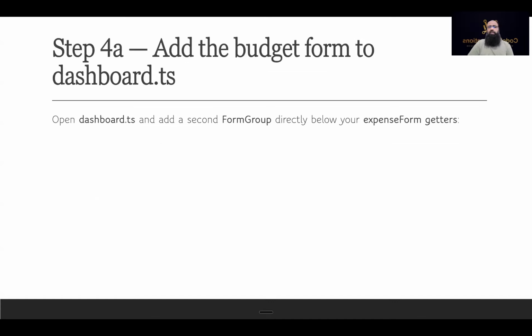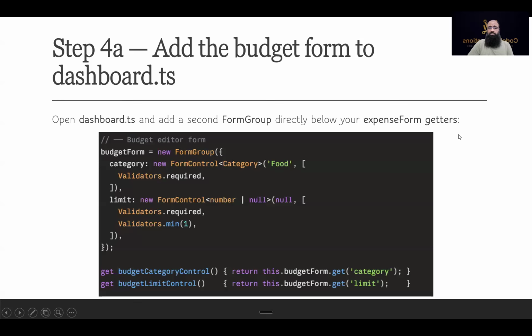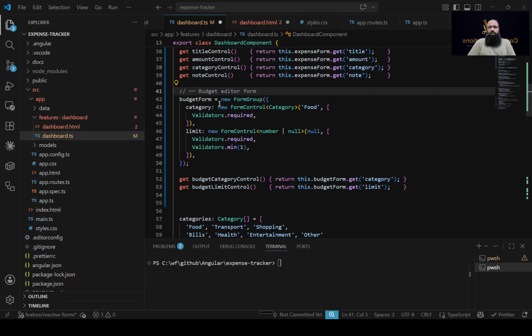So what does it do? Again, we are going within the dashboard TS file and going to add a second form directly below our previous getters. So let's just go to VS Code. You can see below these previous getters, I have added a budget form.